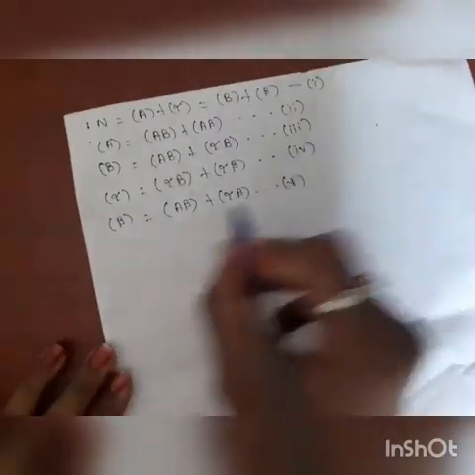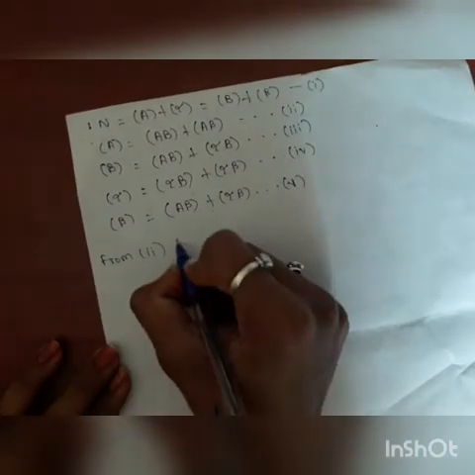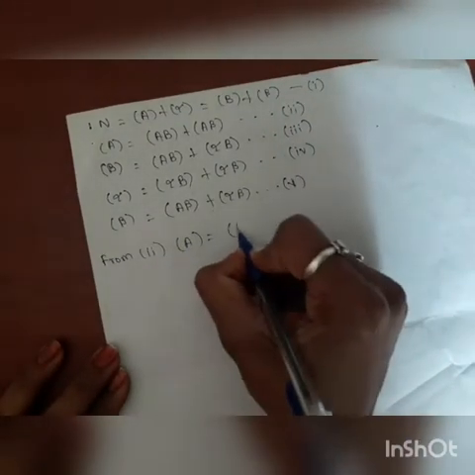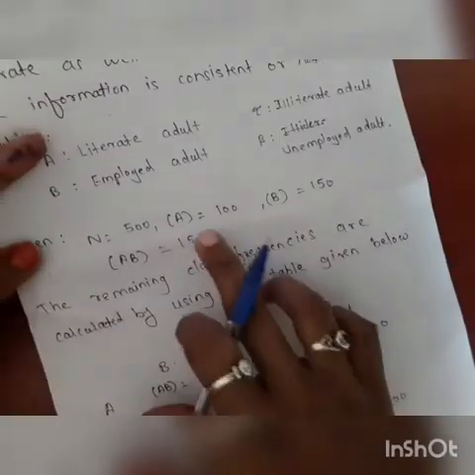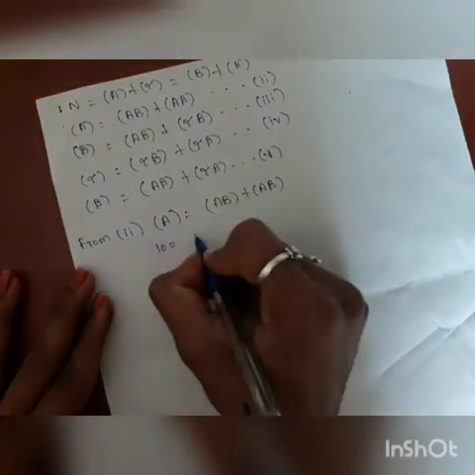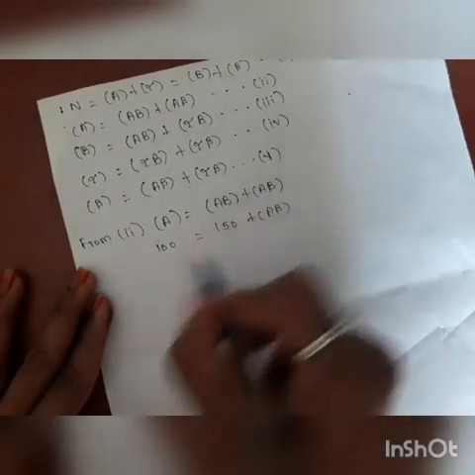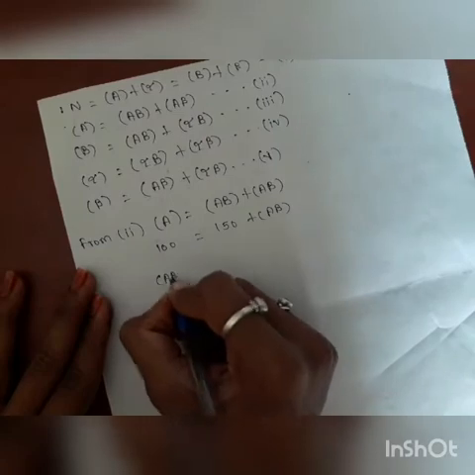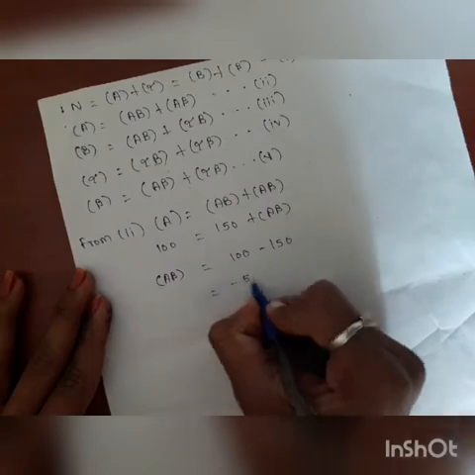Then consider equation number 2. (A) is equal to (AB) plus (Aβ). From the given data, (A) is 100 and (AB) is 150. That is 100 is equal to 150 plus (Aβ). So (Aβ) is equal to 100 minus 150, which is equal to minus 50.